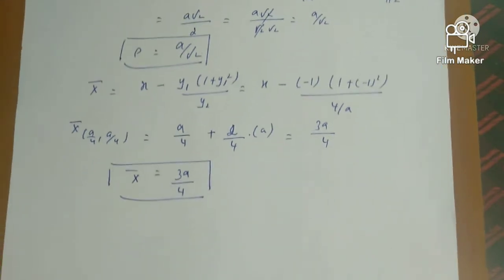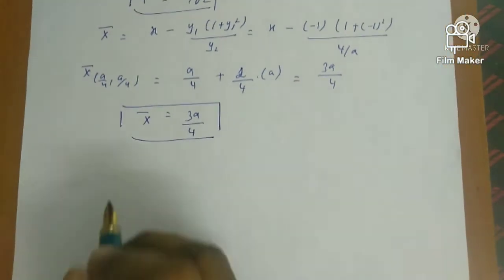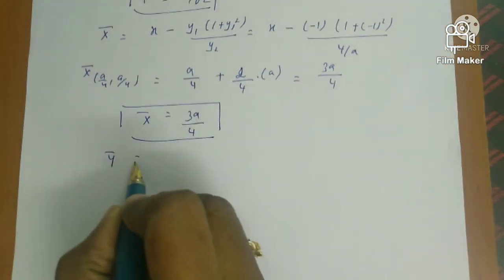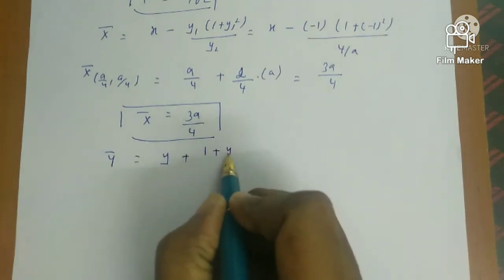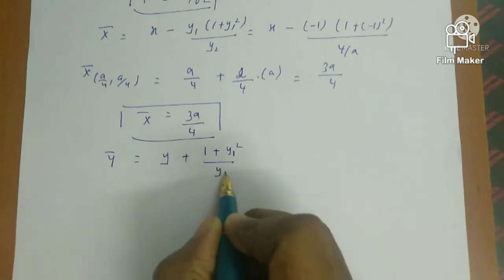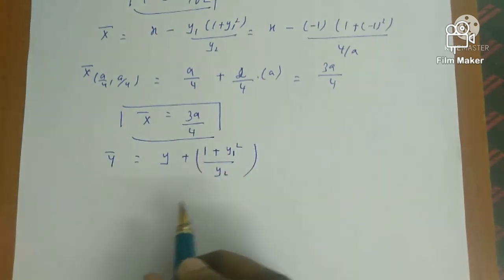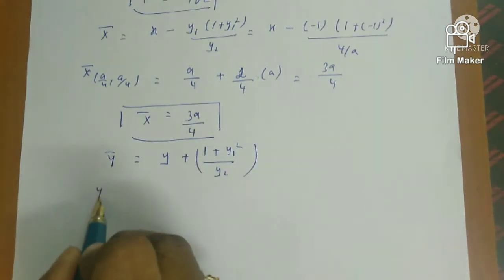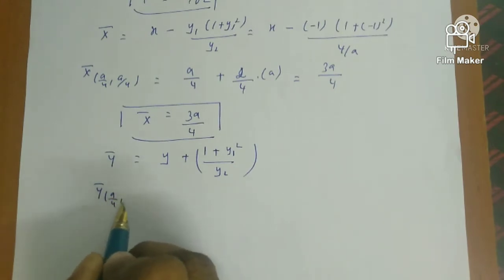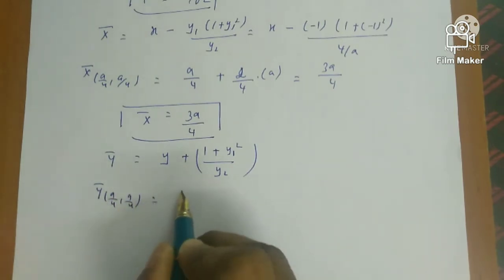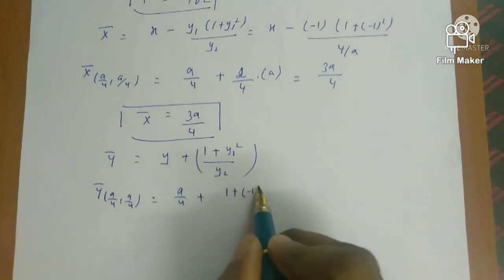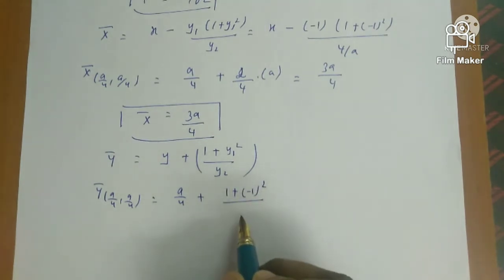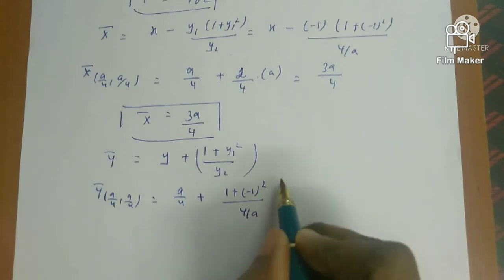Next we have to find y bar. What is the formula for y bar? Y bar equal to y plus (1 plus y1 square) divided by y2. So y bar at the point a by 4 comma a by 4 is equal to a by 4 plus (1 plus y1 square, minus 1 square) divided by y2, which is 4 by a.